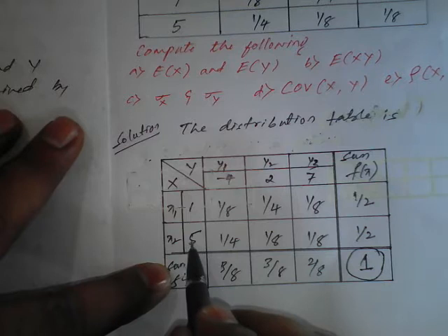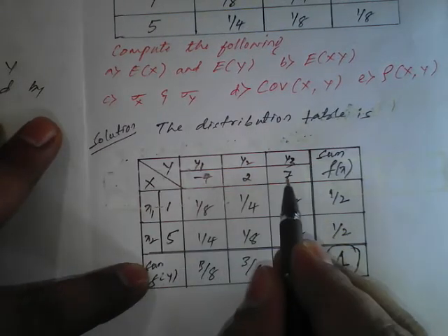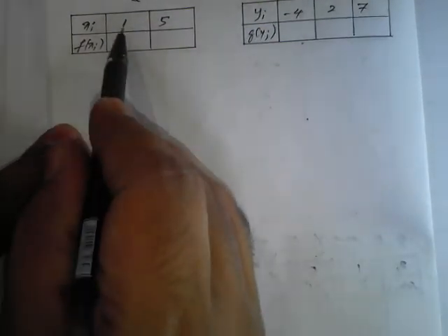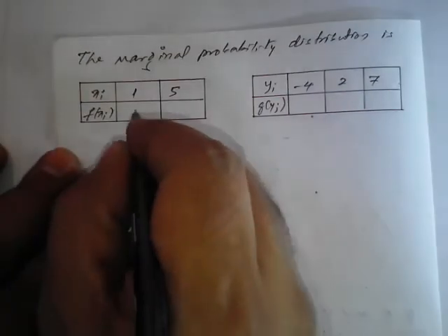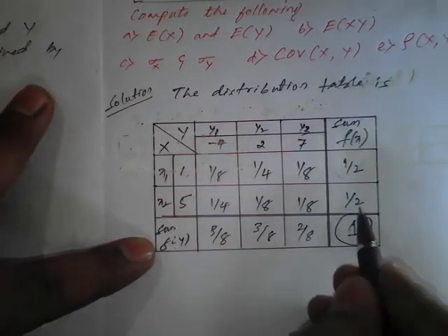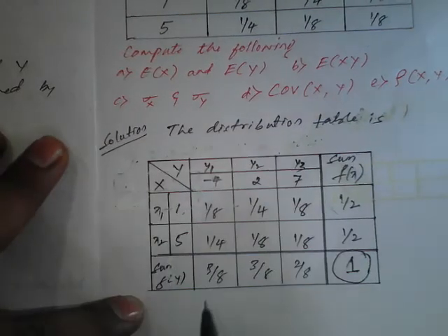Now how to write the f of x values? For 1, f of x1 is 1/2, you have to write it here. For 5, the f of x value is again 1/2. Similarly, for -4, the value is 3/8.